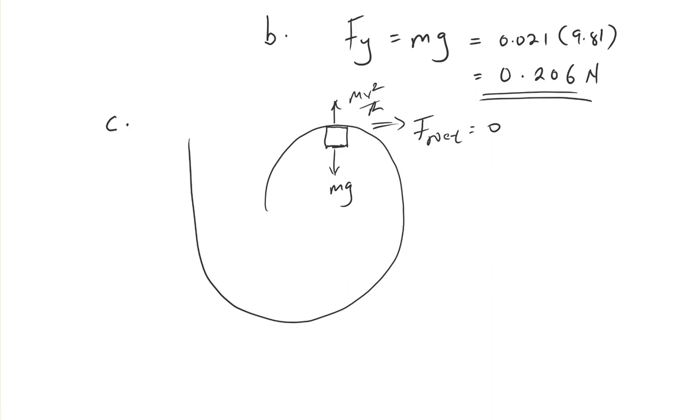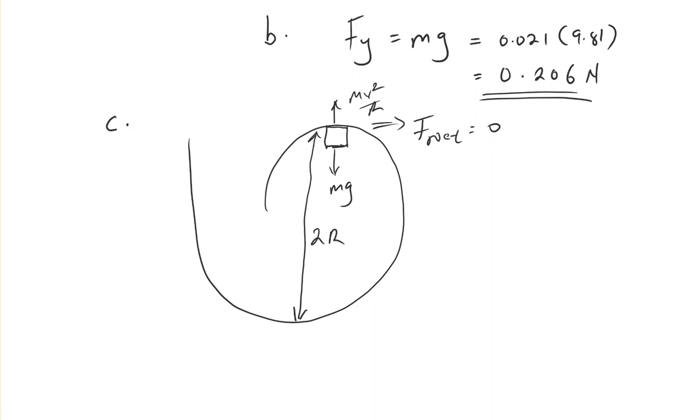So that's one thing. And we know that the height of the block at this position, the height of the block from the base of the loop, is 2r.